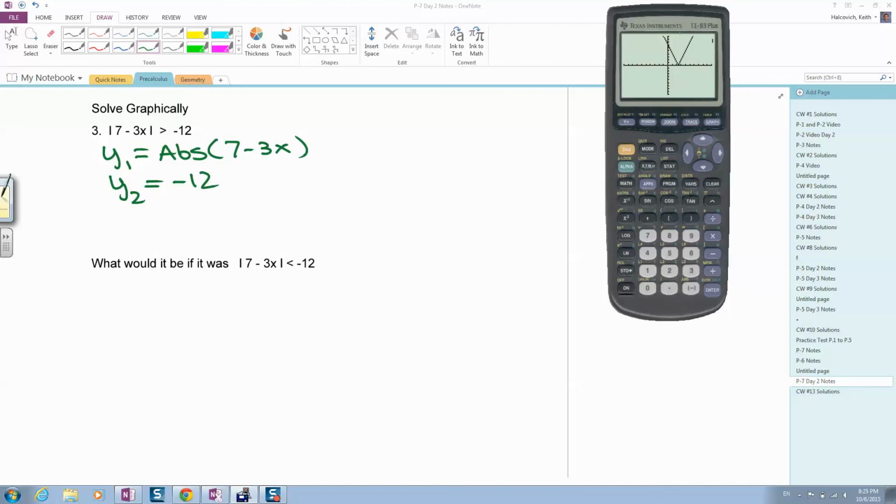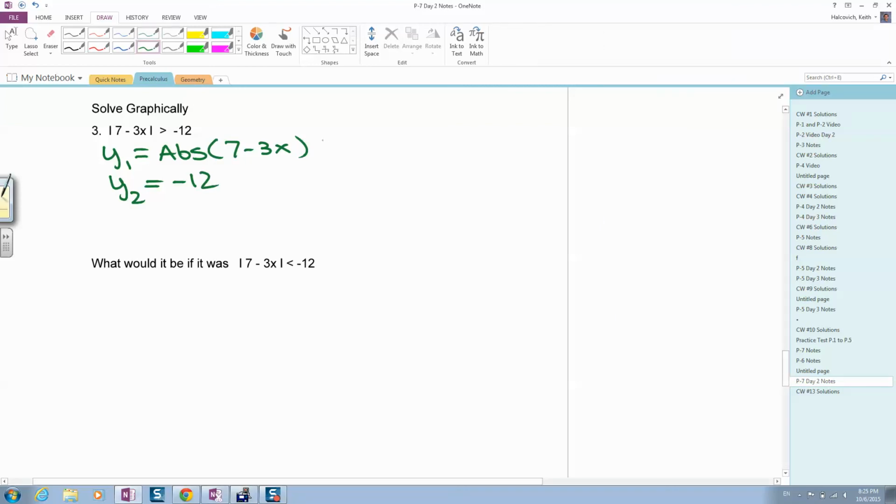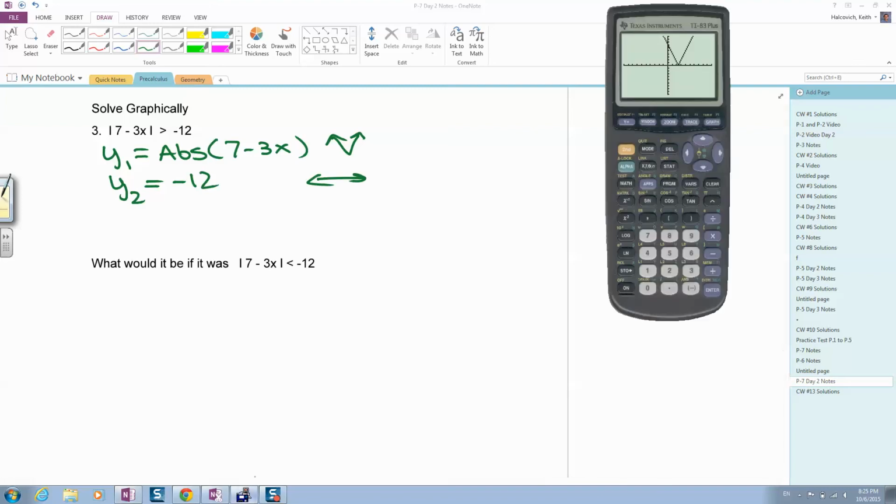But notice you only see the V, right? Because you know this one's going to be a V and this one's going to be a line. So that means you have to change the Y max. Actually, sorry. You gotta change the Y minimum to negative 20. So if you notice when it graphs, it doesn't intersect.